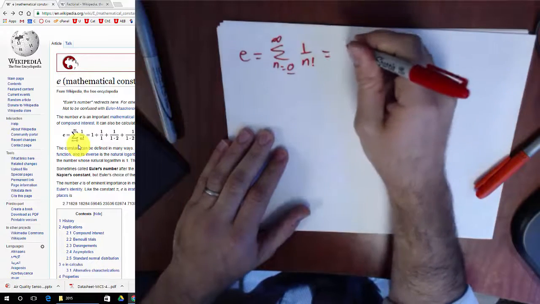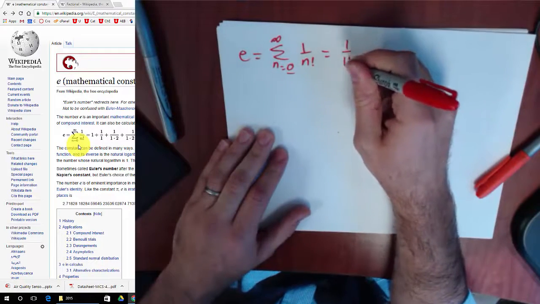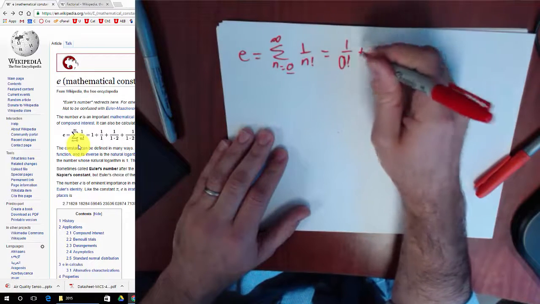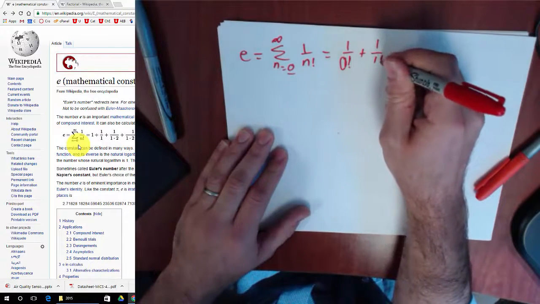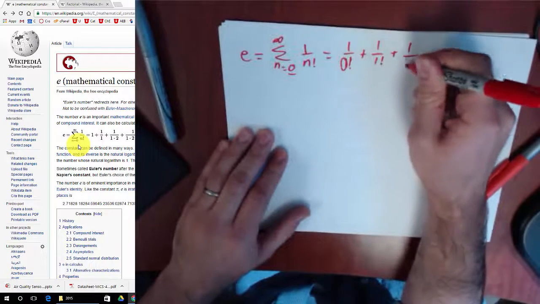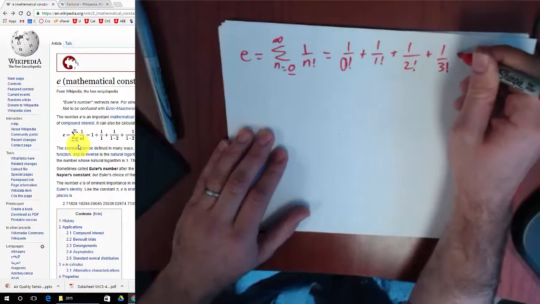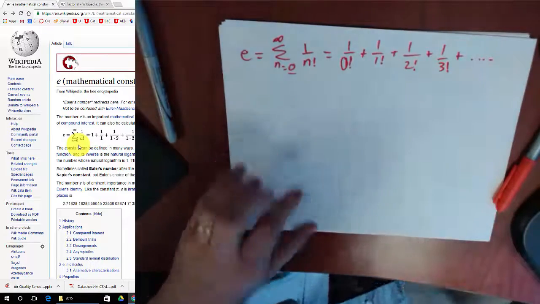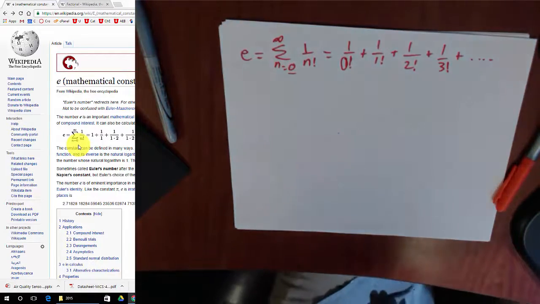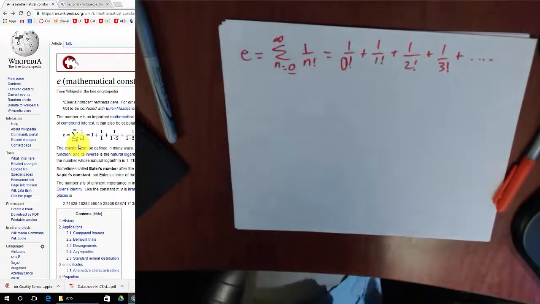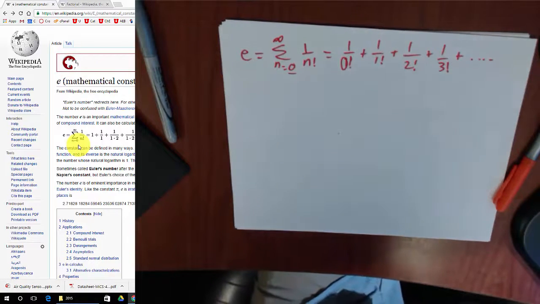So, that equals 1 over 0 factorial, plus 1 over 1 factorial, plus 1 over 2 factorial, plus 1 over 3 factorial, plus on to infinity. But we're not going to go to infinity, we're going to estimate E. We're going to go to a certain tolerated value of error and then stop.